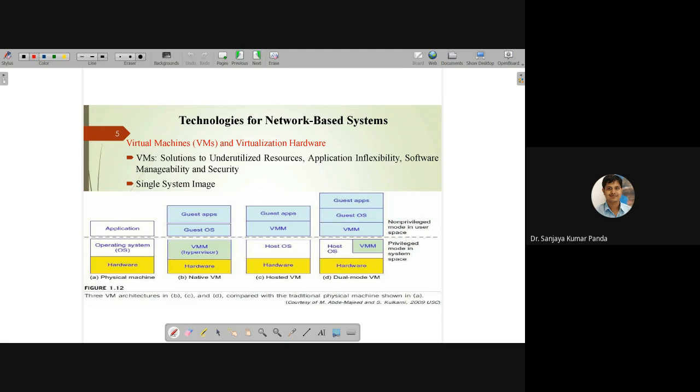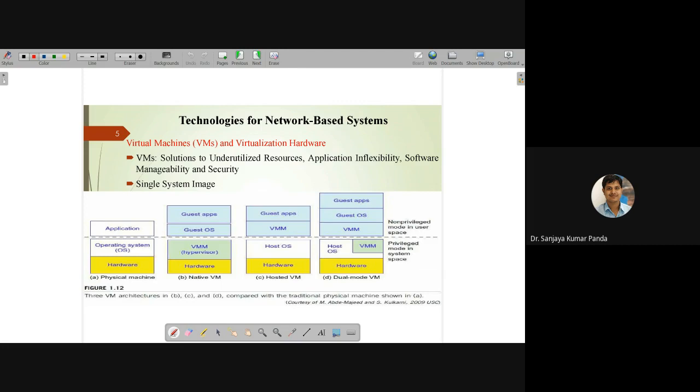VMs are the solution to underutilized resources. If the hardware is not utilized, we can create multiple VMs with the help of that particular physical hardware, so that if multiple users are using the same resources, definitely the utilization is going to increase. That's why VMs are the solution for underutilized resources.